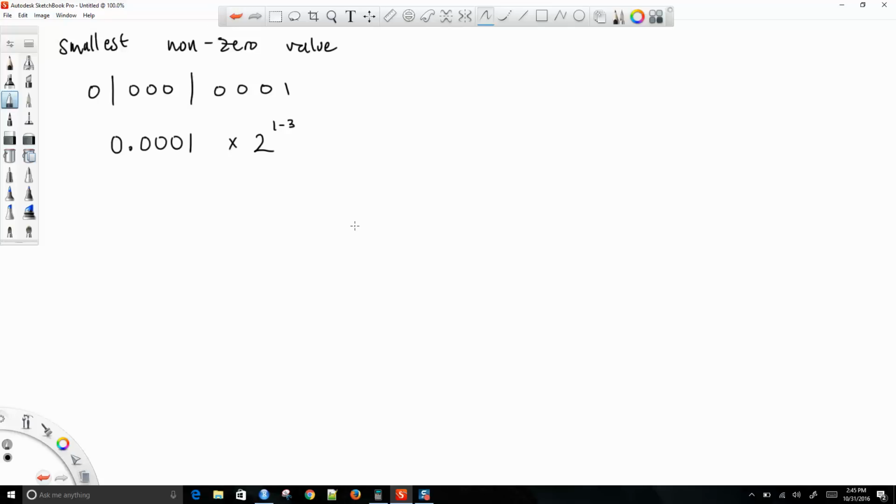So this is 2 to the -4 times 2 to the -2, or 1/16 times 1/4, and we get 1 over 64, or 0.015625. This is the smallest non-zero value we can represent.